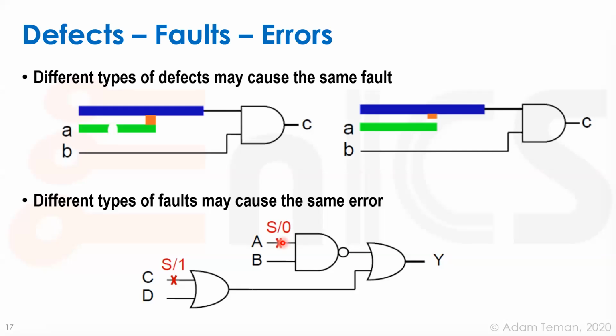So one of them had the fault over here, one of them had the fault over here. In the end, they caused the same error. But what we're going to actually do is figure out if we have a fault in any of these places and not just look at the errors that we can see in the end. But if we can propagate the error out, then it's equivalent for us.